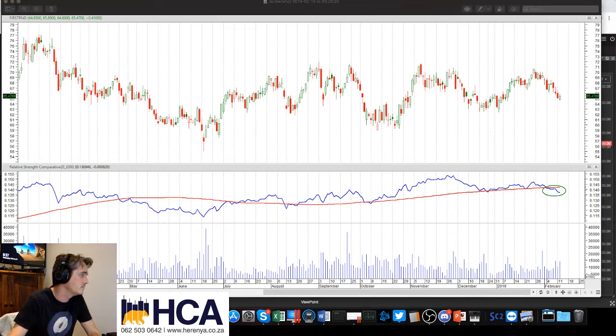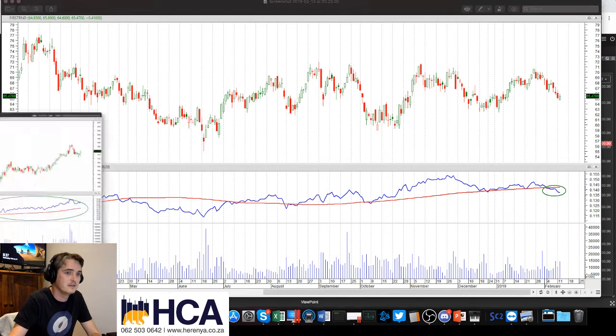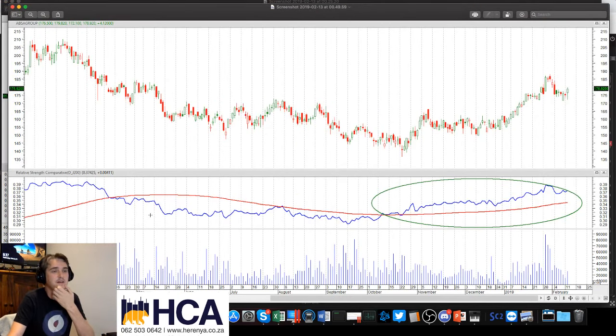And here I am looking at the relative strength of ABSA. It's actually something that I pointed out. I used Standard Bank rather than ABSA when I did this initially, at the beginning of the month.